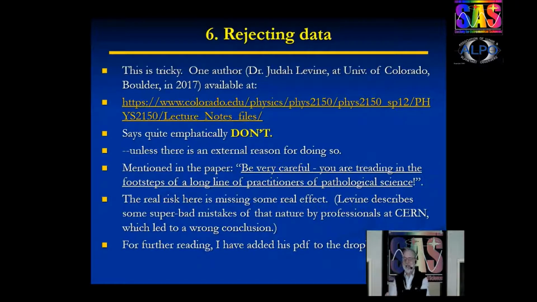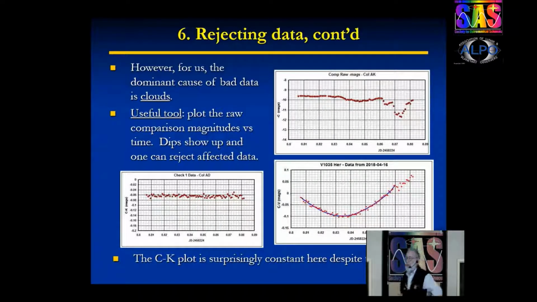I reject data, and I'll tell you why in a minute. One of the things I do in my plotting of data is I plot the raw magnitudes of a star. That's just from the basic formula, minus 2.5 times the logarithm of the number of counts divided by the exposure time, of course. And that's very interesting because it shows what your sky is doing.